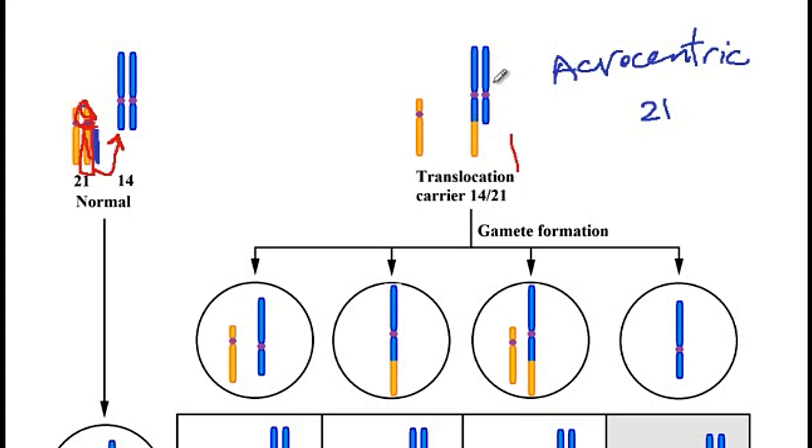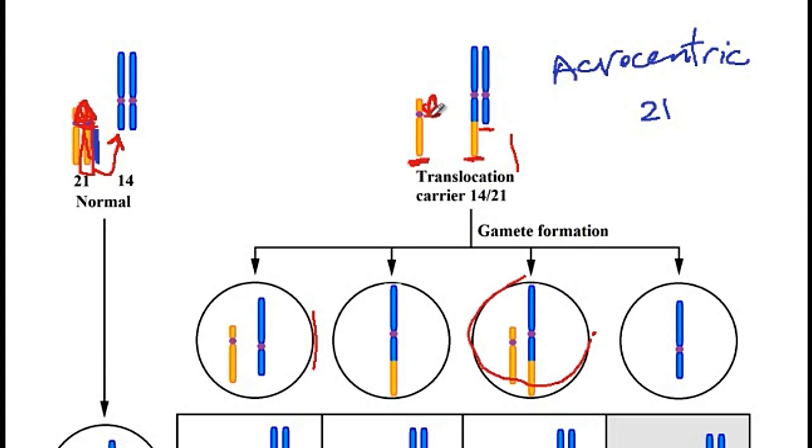And if gametes are formed from these chromosomes, these would be the 4 combinations. So let's assume the short arm could get lost or remain here. The combinations that we would get would be this first one with the normal one, that would give the first one. Then it would be this normal 21 and the translocated 21 and 14, which would be this one.